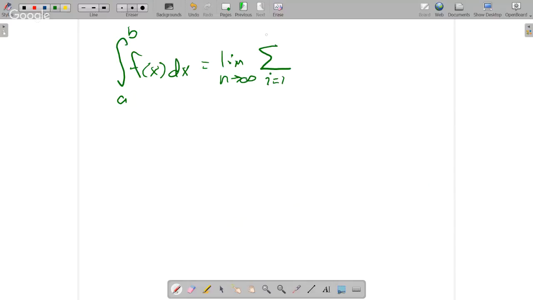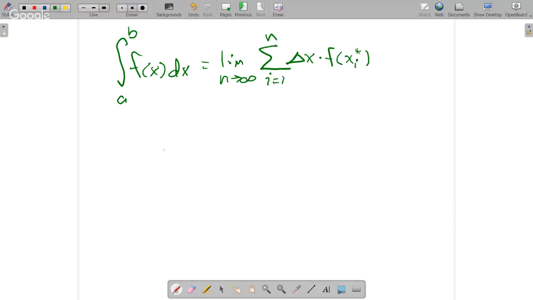I chose one with right-hand endpoints, but you can have left-hand endpoints or midpoints, and there's many, many other options. But the bottom line is you're going to have some delta x, that's your base of each rectangle, and you multiply delta x by some function value where you pick an x value in each interval, and those are called your xi stars. If this limit exists, then you have what's called a definite integral.